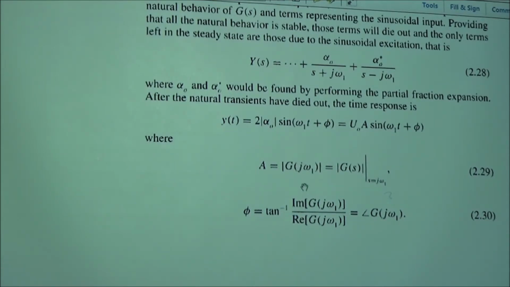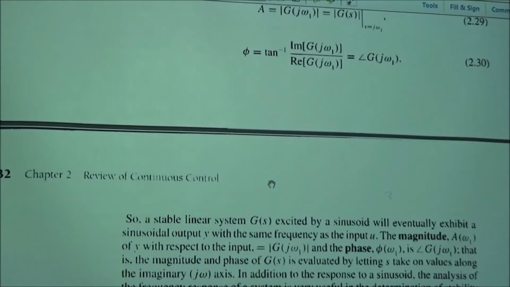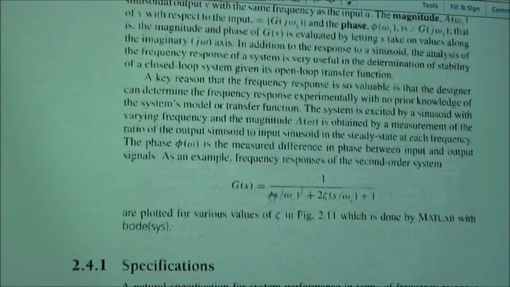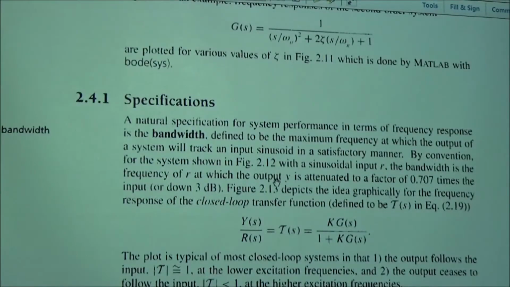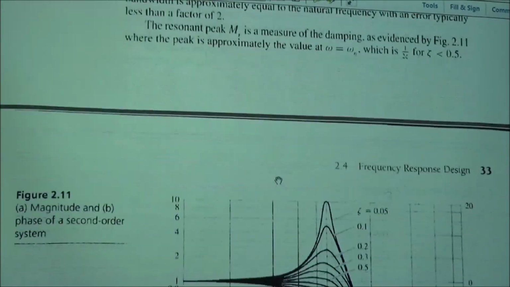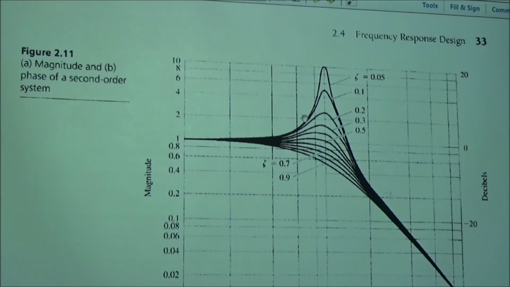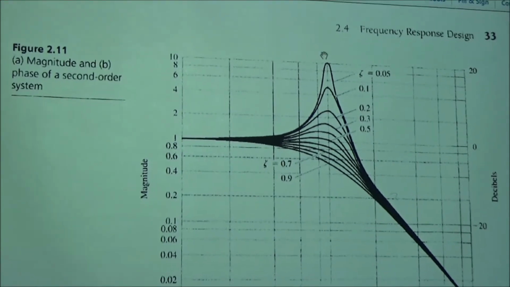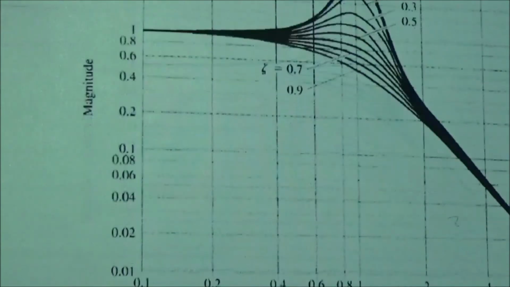And the magnitude of g will be equal to A. And then if you plot magnitude and phase together, here's the magnitude for a number of second order systems for different values of zeta. Notice that for zeta equal to 0, this actually blows up, goes to infinity. At 0.05 it peaks at about 10 and comes down here toward the end.